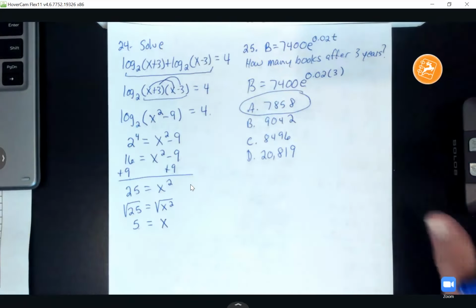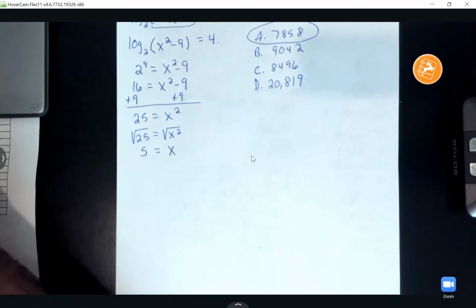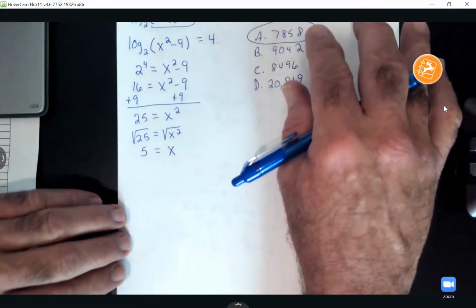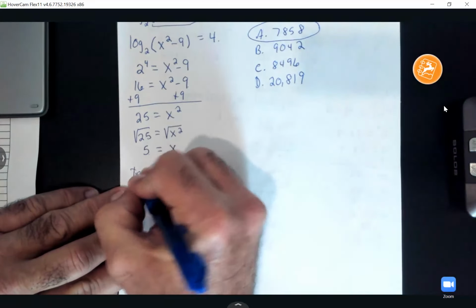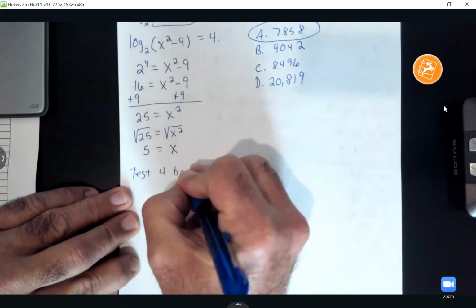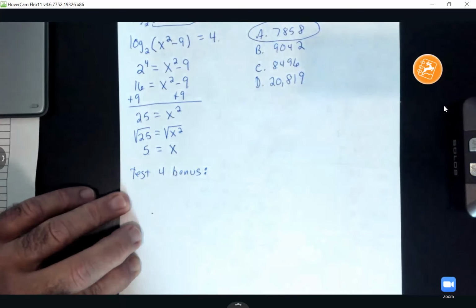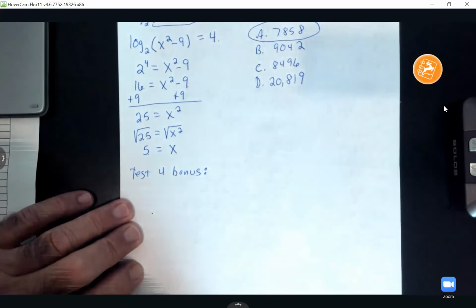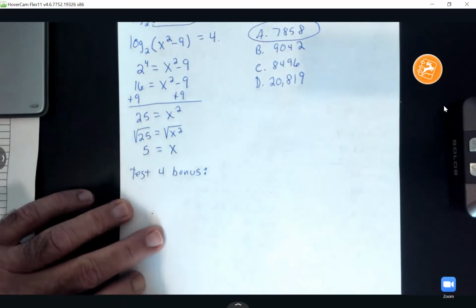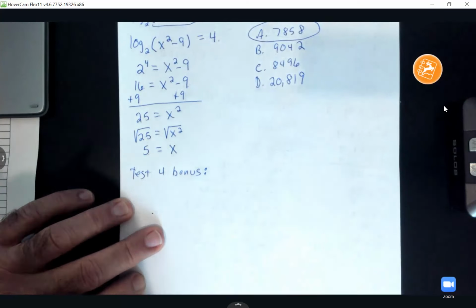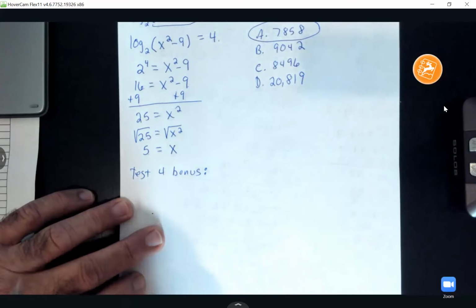Alrighty, so y'all, let me show y'all what we got going on now. So that's test 4 review. Now, for test 4 bonus, y'all have a support assessment diagnostic in your homework. It opened up yesterday. It should say support assessment quiz.